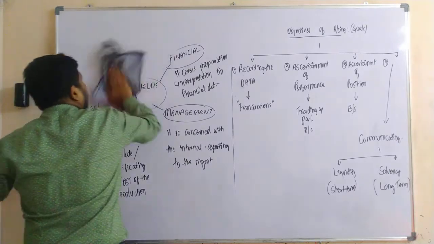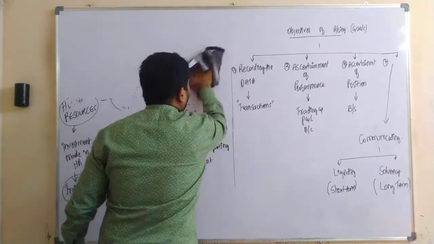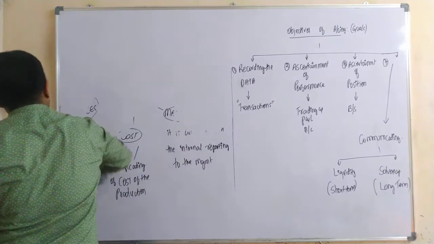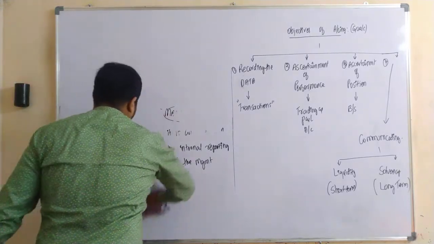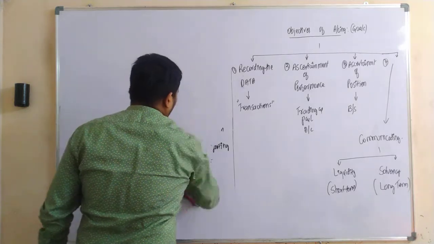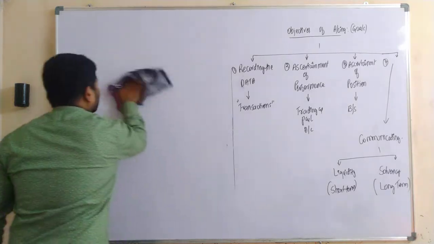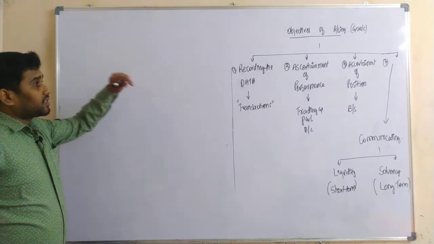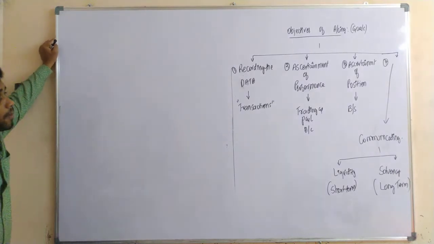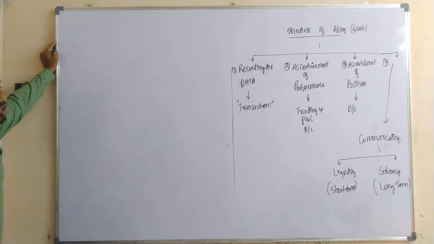So what are the objectives of accounting, sir? Your first objective would be recording of financial data or transactions. What is your second objective, sir? The second objective is ascertainment of performance by preparation of the trading and P&L account of the company.